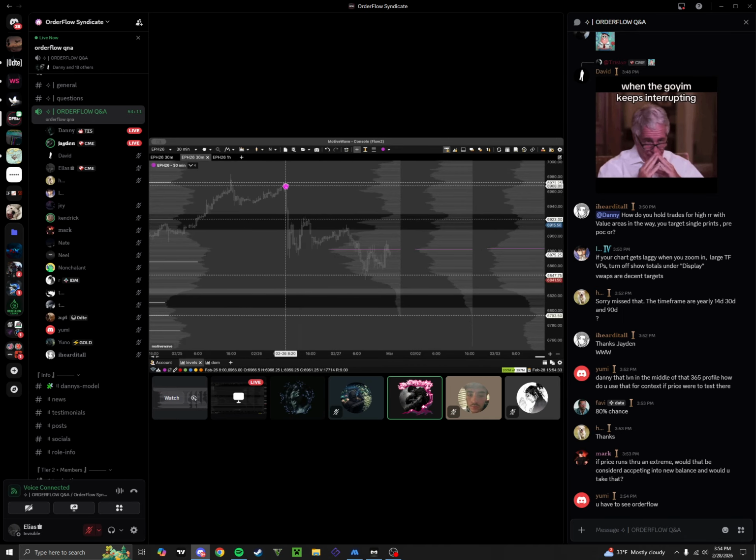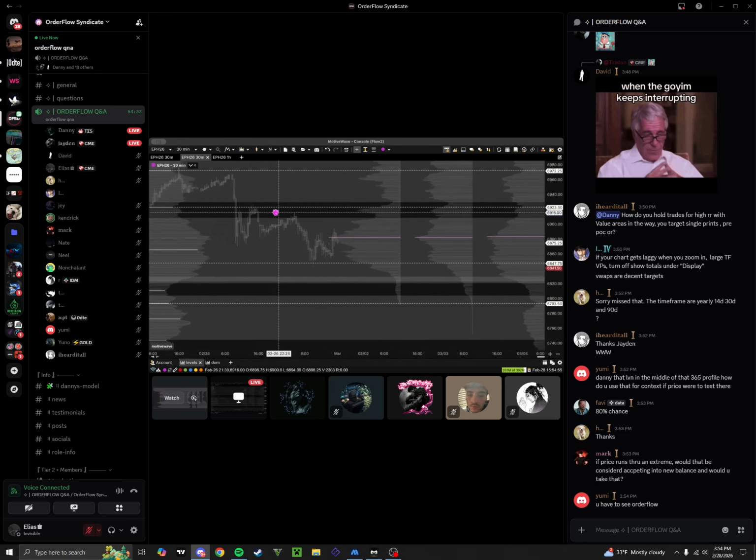Right here, whenever we had that huge dump on Thursday or Friday, say you were trying to catch a long right here for whatever reason, obviously you would have gotten taken out easily. This is an exaggeration because this was a huge dump. But then you could expect to move to the new balance. That makes sense. And then we stop at the high volume node right here and just start chopping around for a little. So you can tell we've accepted into this balance. Now you could play off the extremes of this one.